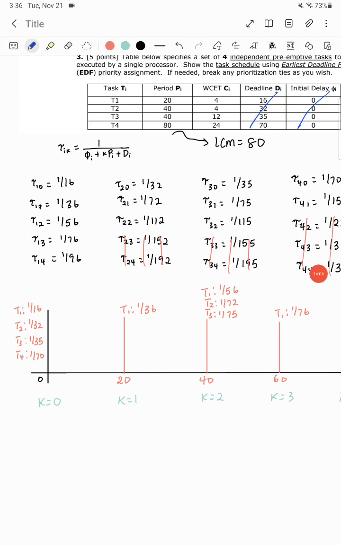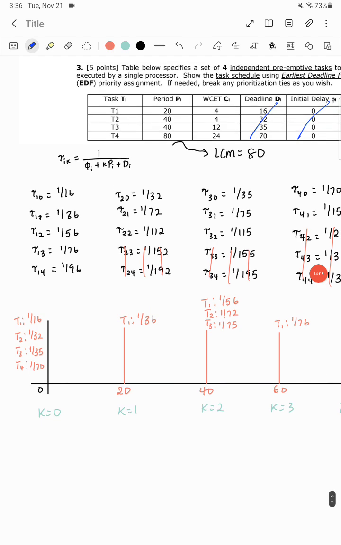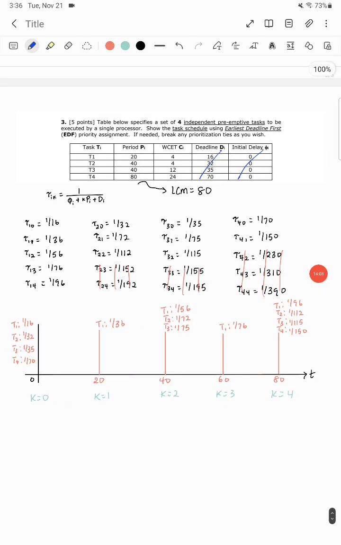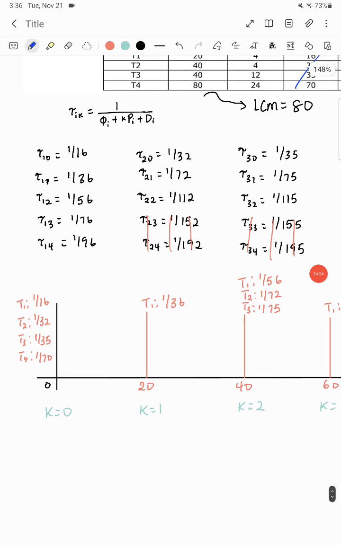Okay, so now let's start plotting. So remember I said that because the initial delay is 0, all the tasks are executing from 0. Even if the initial delay was 20, all the tasks are going to start executing from 20. But in this case, it's 0, so all the tasks are going to start executing from 0. So now, we're going to focus on what our priority levels are.